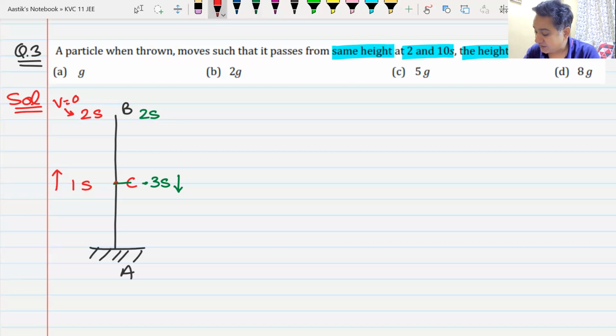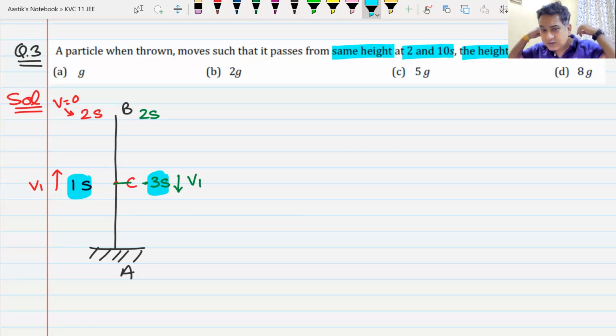If the velocity here is v1 upwards, the velocity here will be again v1 but downwards. If I add these two times, I will get 4 seconds. That 4 seconds is the total time of flight.